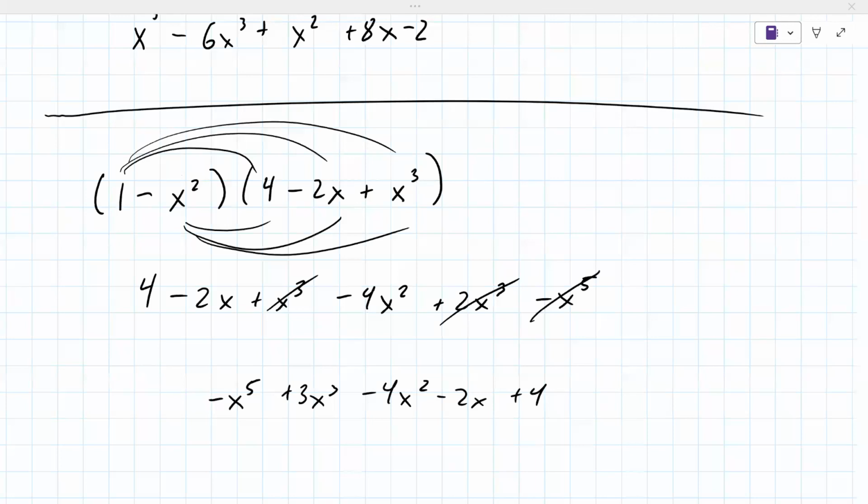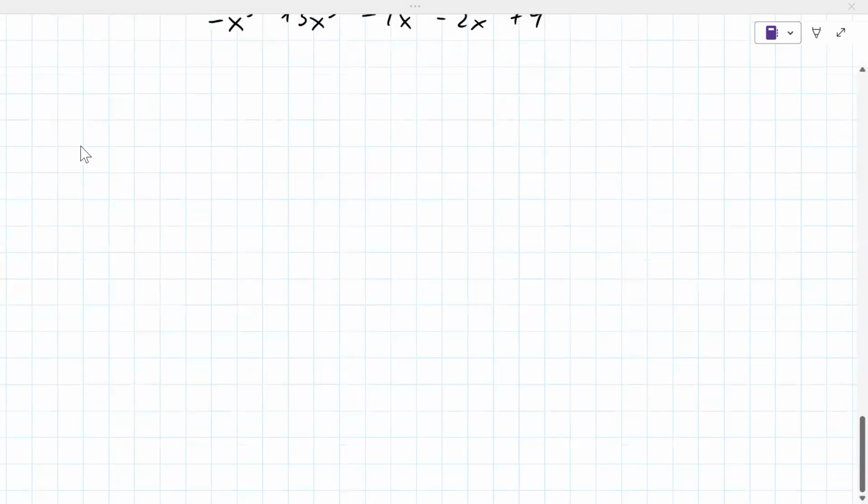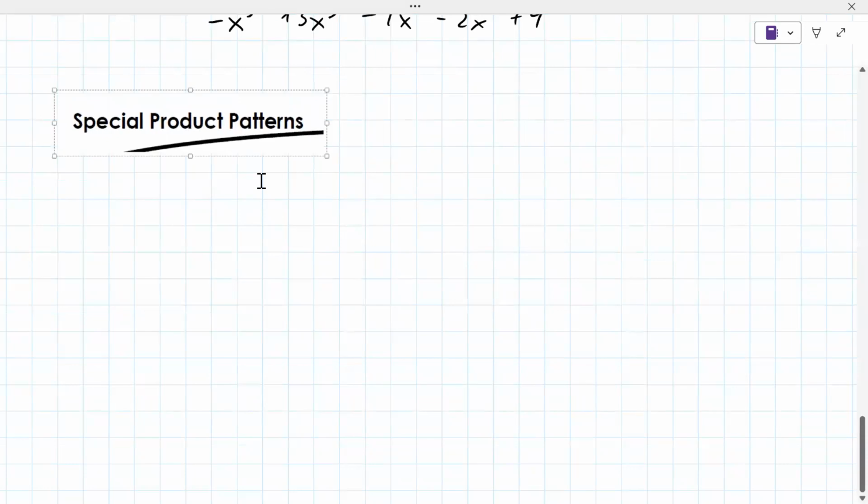Okay. So there's a bunch of special products. Your teacher calls them special product patterns. So there's a bunch of these, and we've already talked about the first one. The first one is difference of squares.